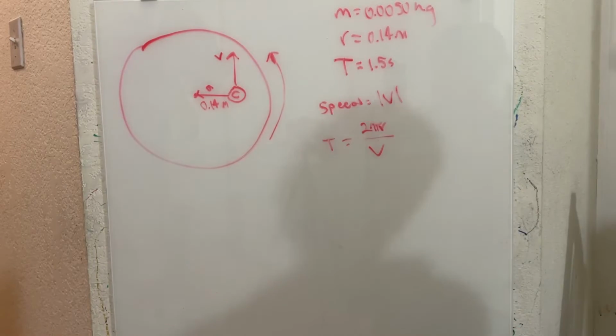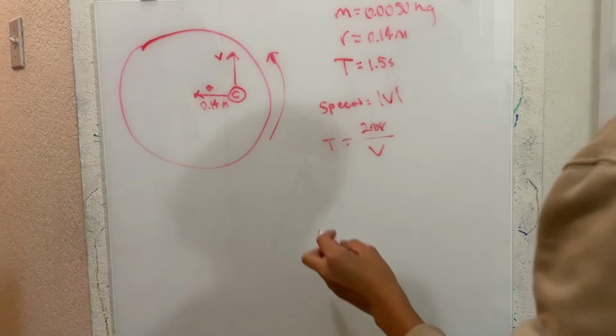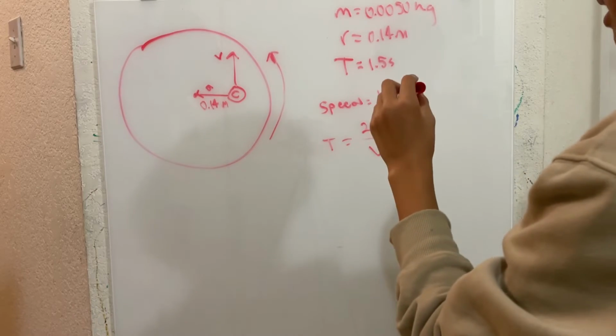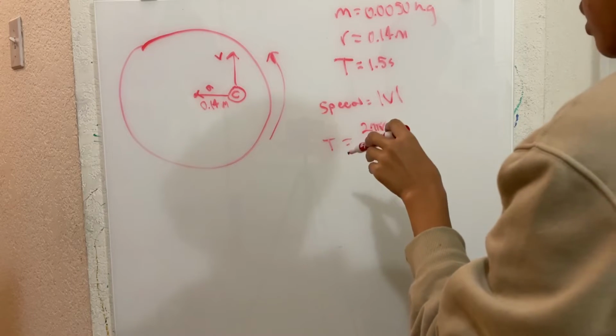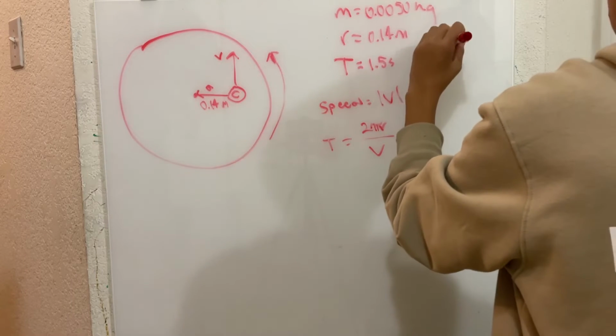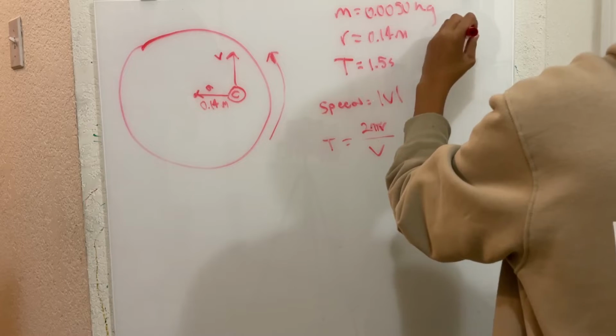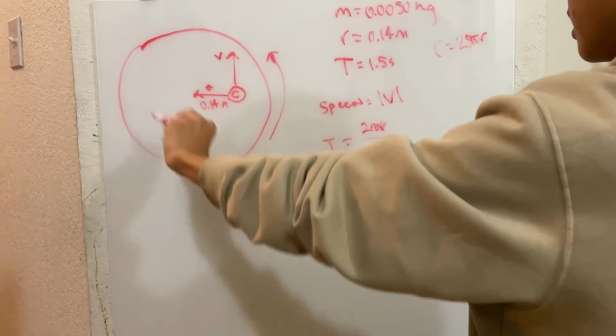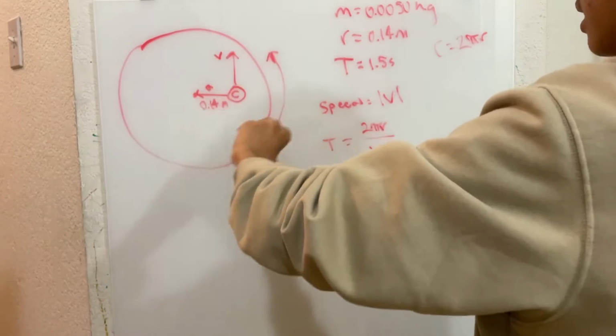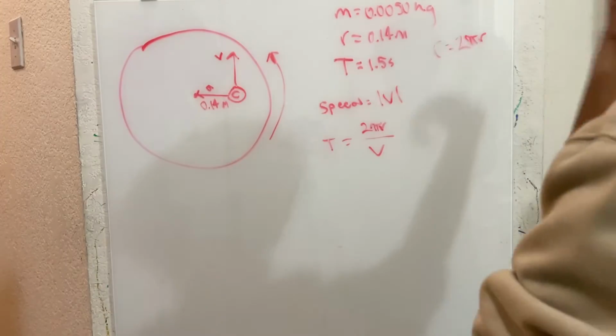The reason why I use this is because T is the period, which is in seconds, and that's a given. And 2 pi r is the formula for circumference, so that's essentially the distance that the coin travels.